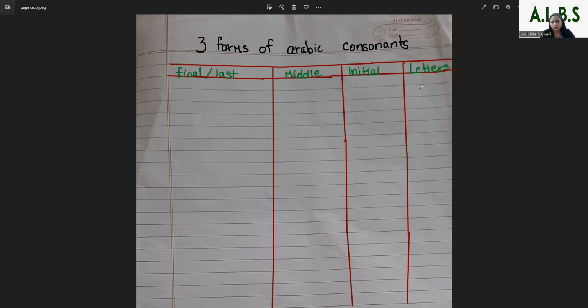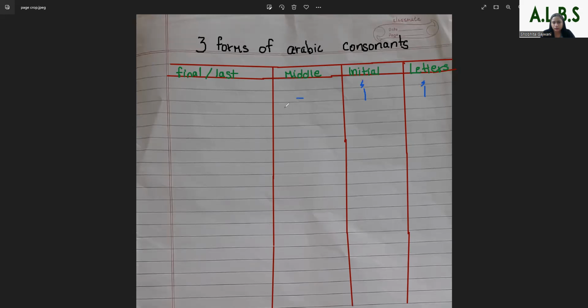So the first alphabet is Alif. As it is a disjoining letter, it has only the initial and the final or last form. In the initial form, it is written as the letter itself.